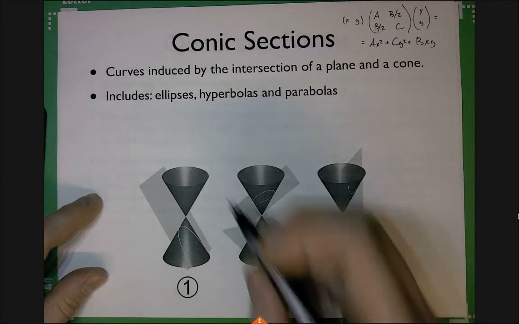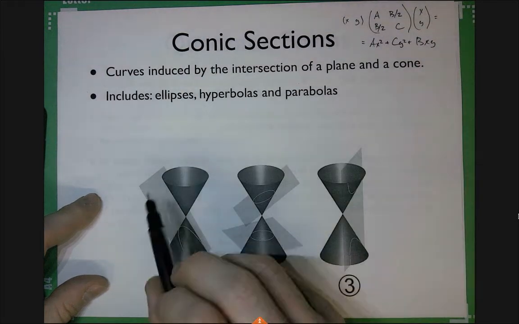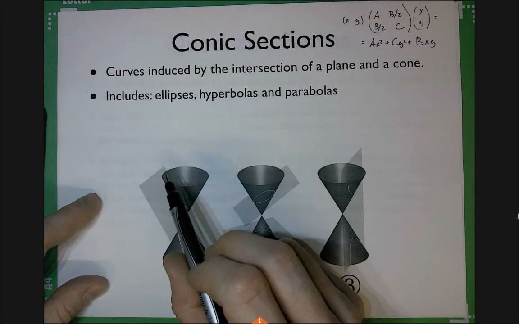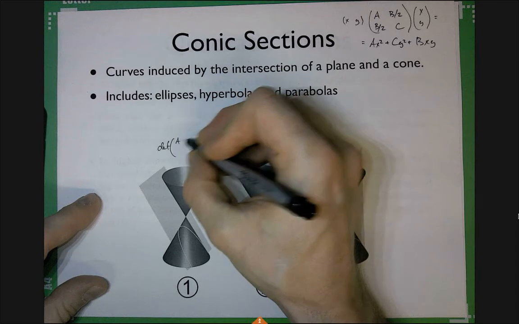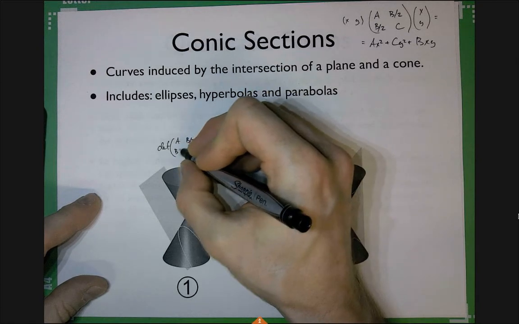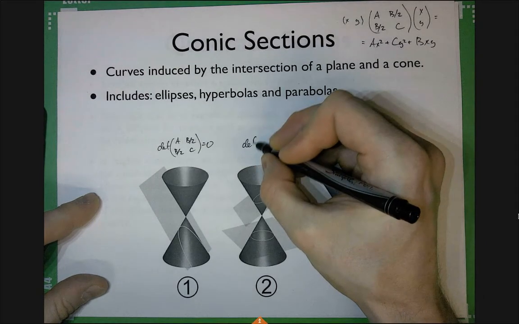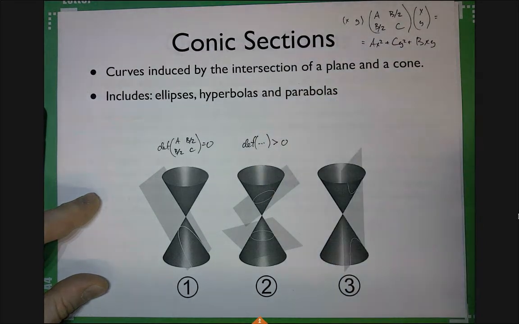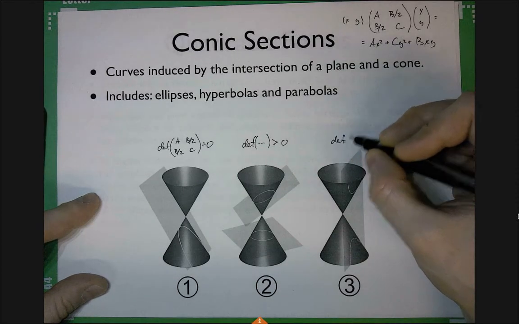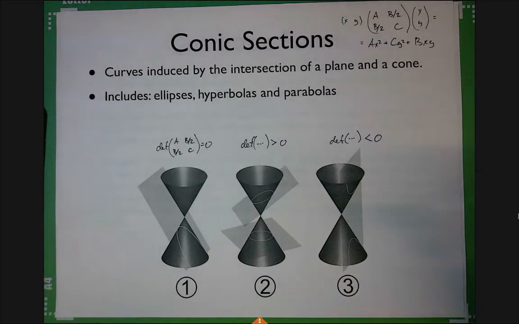And the very cool thing is that by looking at the determinant of this matrix, we can characterize which type of curves we will be dealing with. This is the case when the determinant of this matrix is 0. In this case, the determinant of the matrix is greater than 0. And in this case, the determinant of the matrix is less than 0.